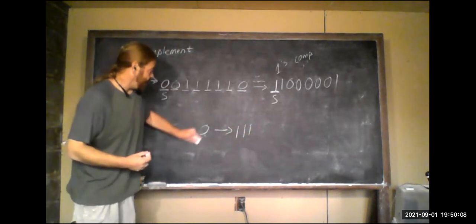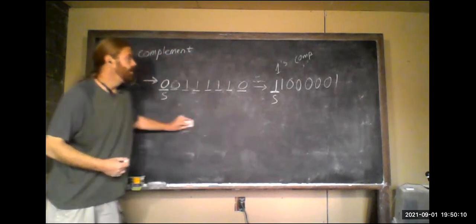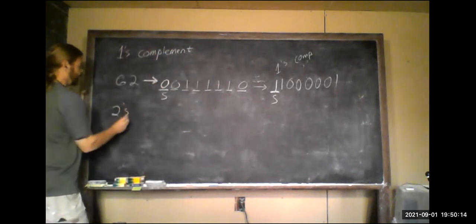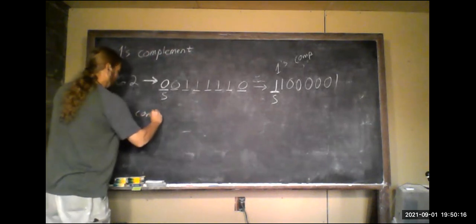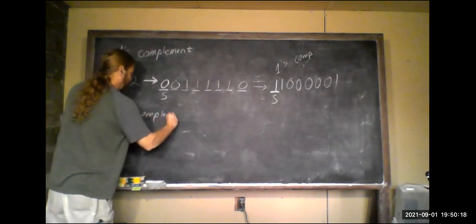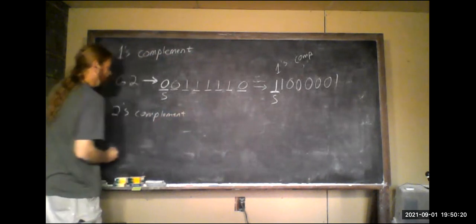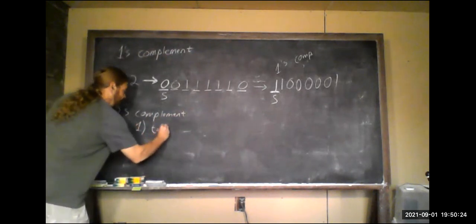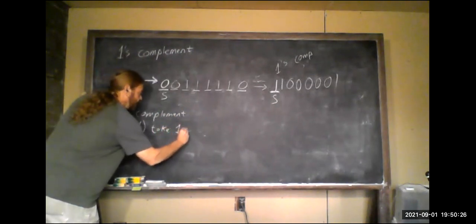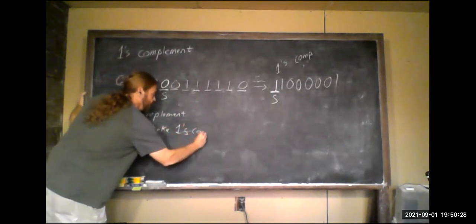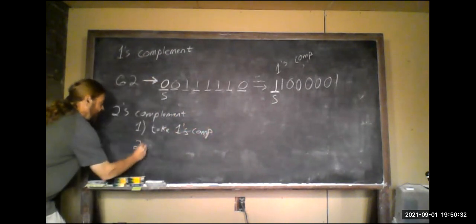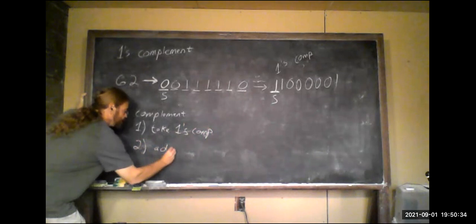So to really get rid of that extra 0, we want to go to 2's complement. Where we, first off, take the 1's complement and then add 1.